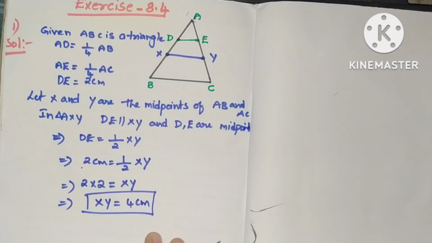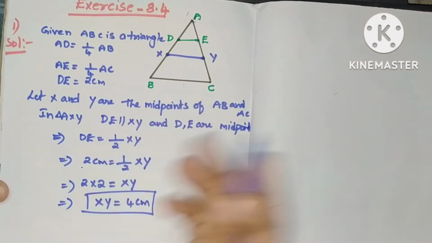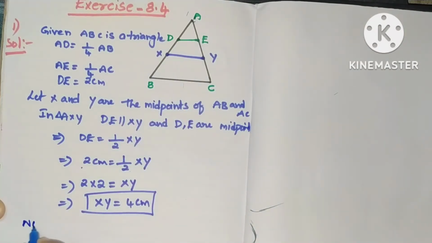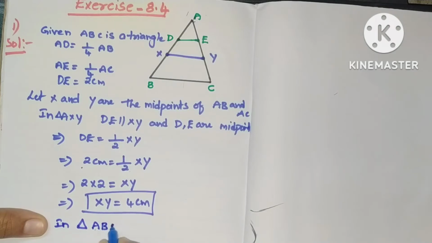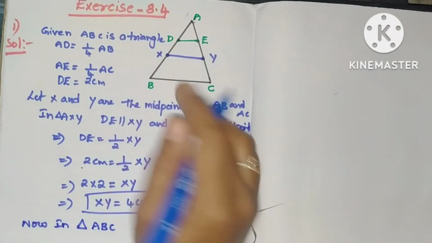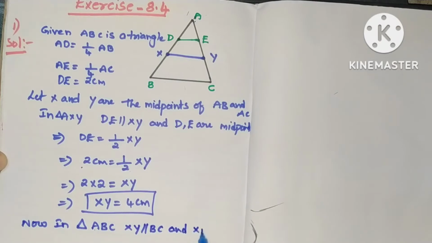Okay. But they are asking to calculate BC. Find BC. So now take the complete triangle. In triangle ABC, we took X and Y as midpoints of AB and AC, right?